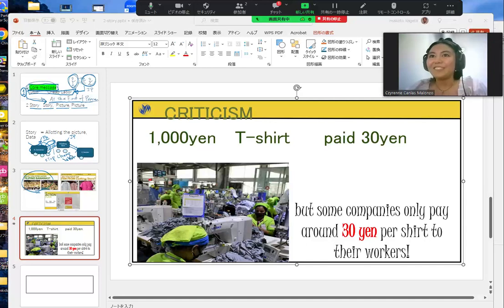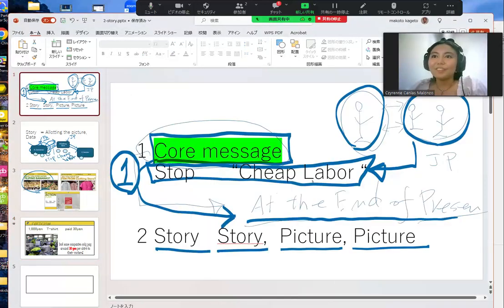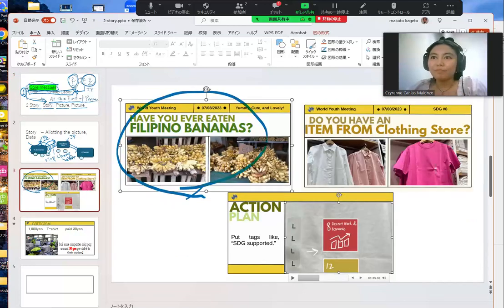But yeah, so you talk about two issues. Your core message is to stop cheap labor, and you talk about bananas and cheap labor in the clothing store area.